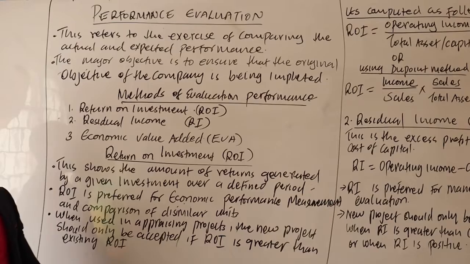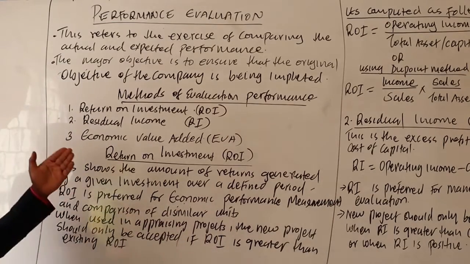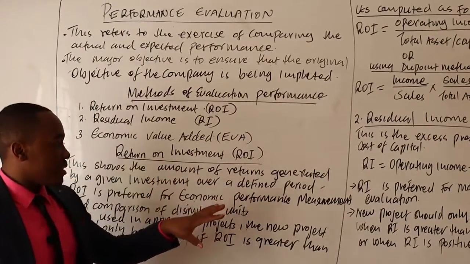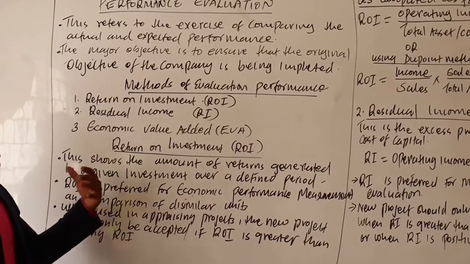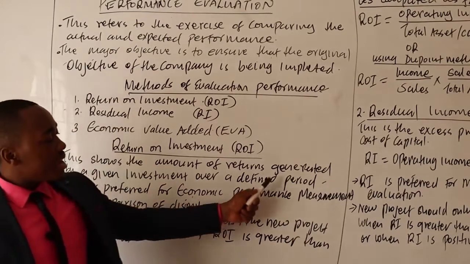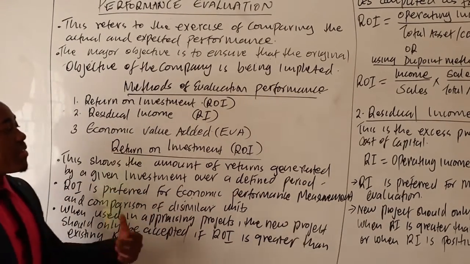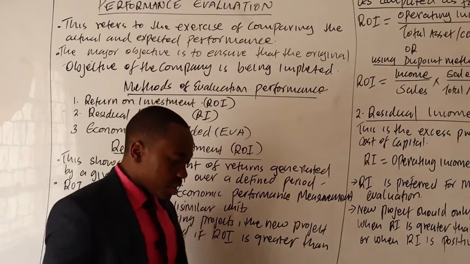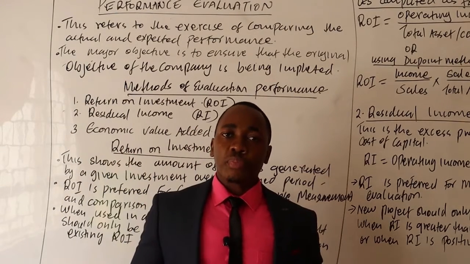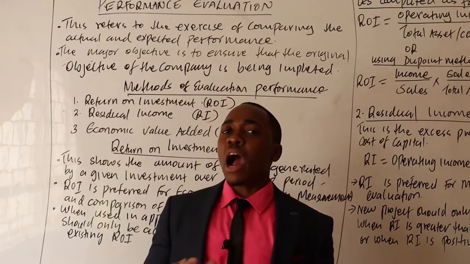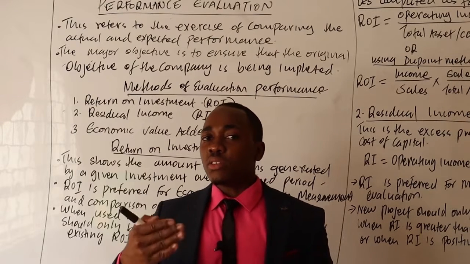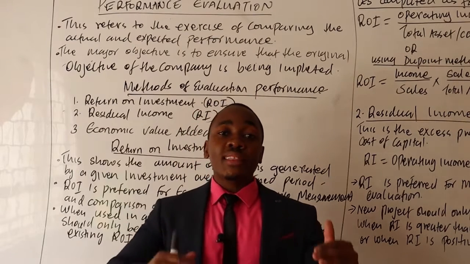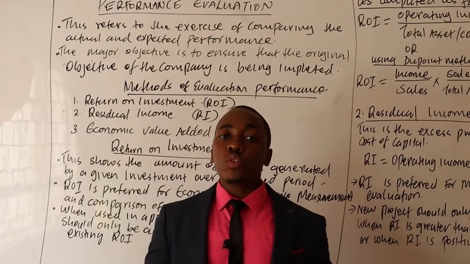That's ROI. Return on investment will show the amount of returns generated by a given investment over a defined period of time. So that's how we get the return on investment. For example, if you invest 1 million, and then at the end of the year you determine how much is your profit, to determine the return on that investment, you take that profit and divide by the capital you had invested.